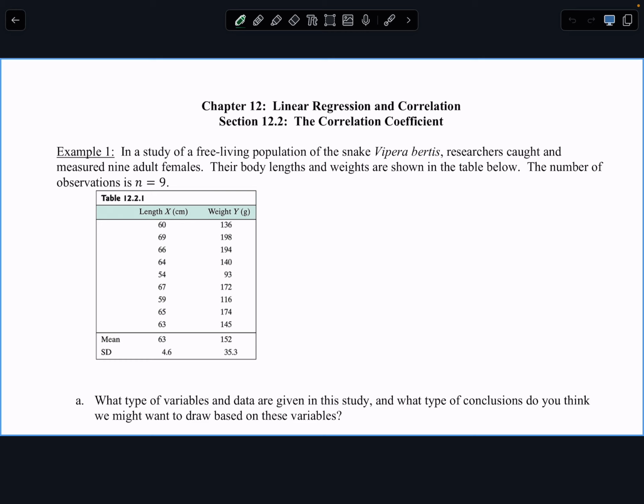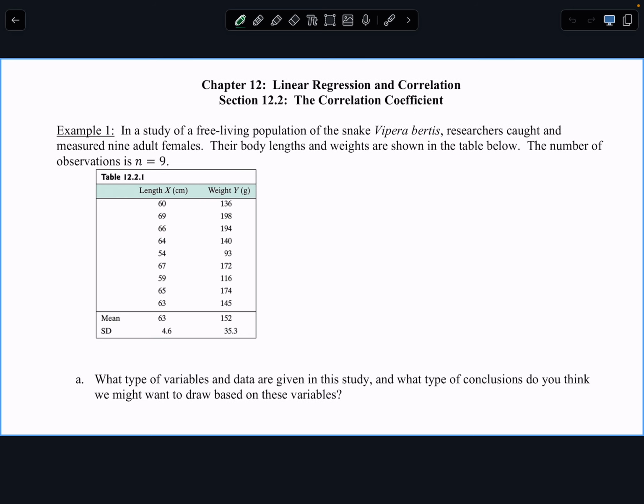All right, with regression and correlation, we're going to start with this example here in section 12.2. In this study, we have a free living population of a certain species of snakes. That's the species there. The researchers caught and measured 9 adult females.